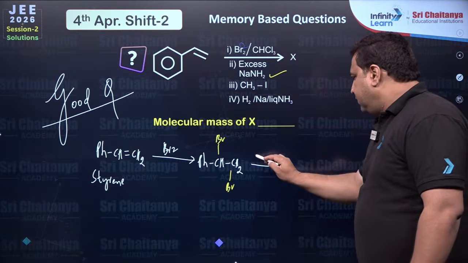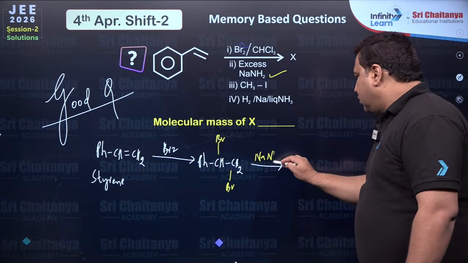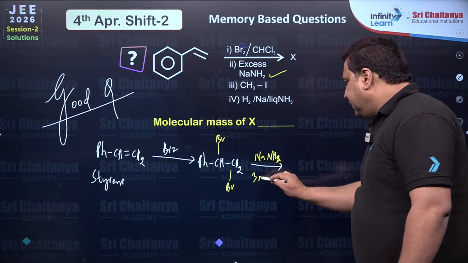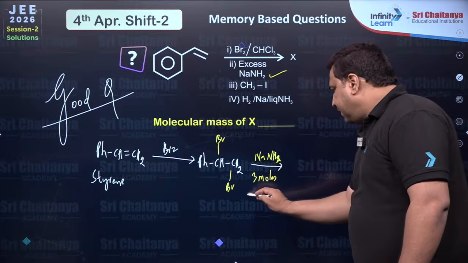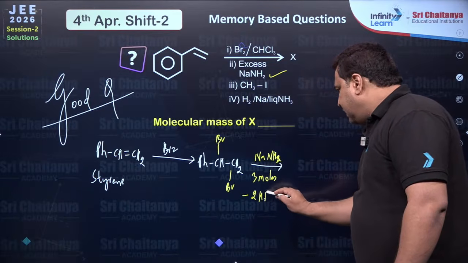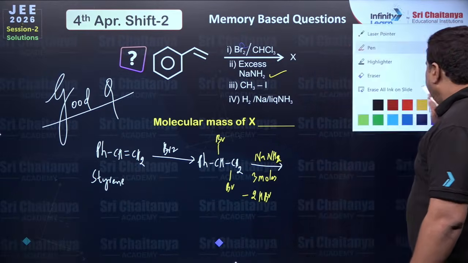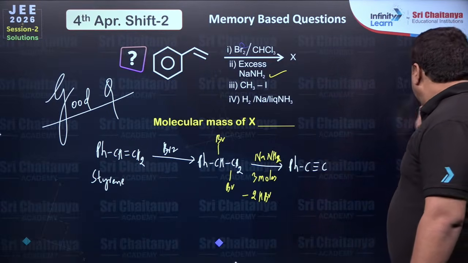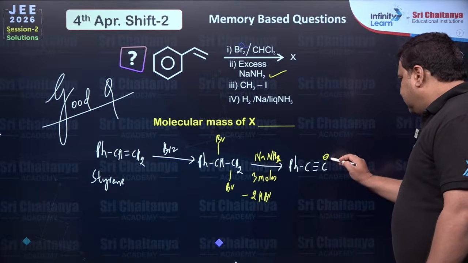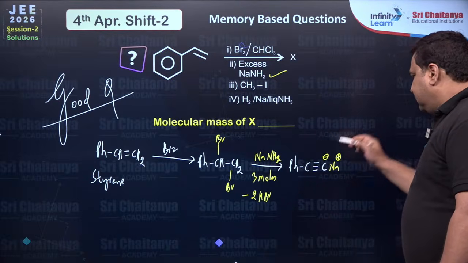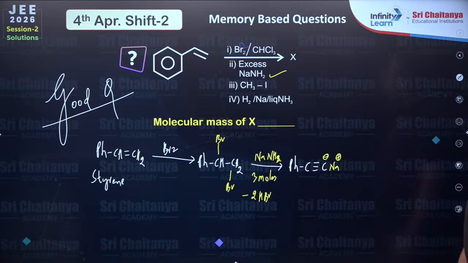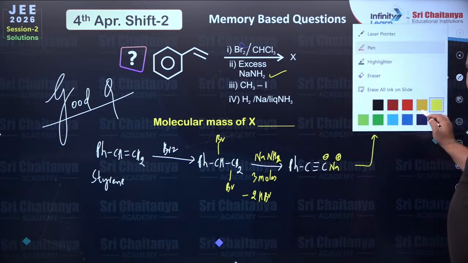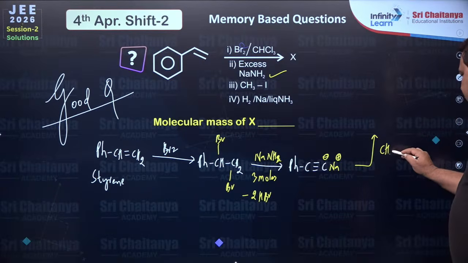Then excess of sodamide: 3 moles is taken and 2 HBr is lost. So here you will get Ph-C≡C- Na+, the acetylide. Now this is treated with methyl iodide.